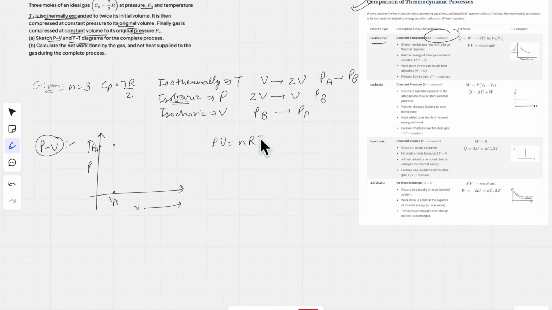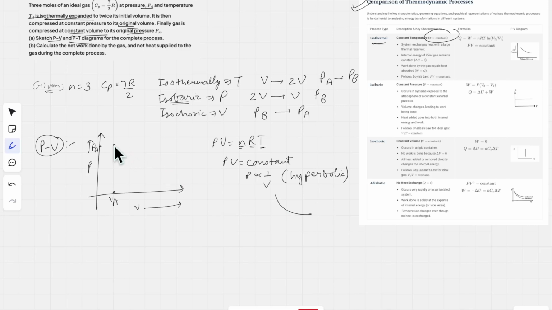PV equals nRT. Temperature is constant, R is a gas constant, so it is also constant, and n is the number of moles. So I can simply write PV equals constant, which means P is inversely proportional to V. If you have read geometry in maths, then you must know that this is a hyperbolic equation. And a hyperbola curve is something like this.